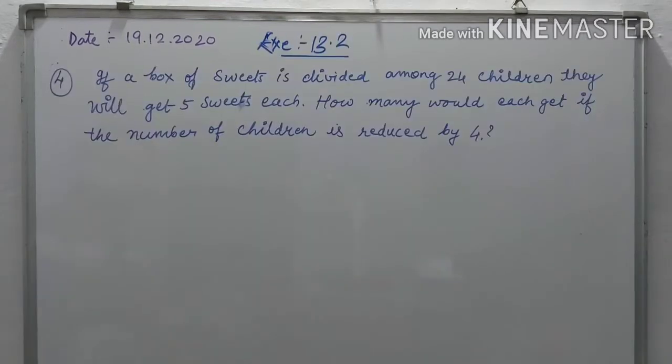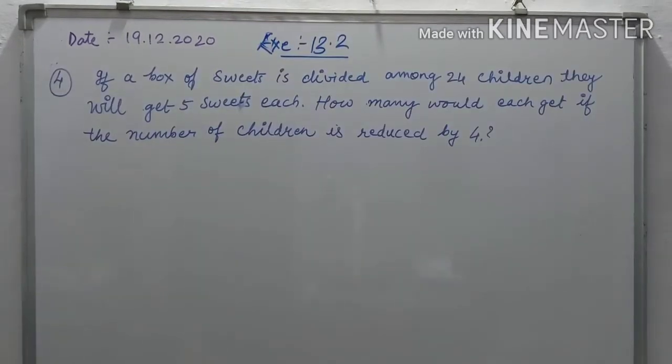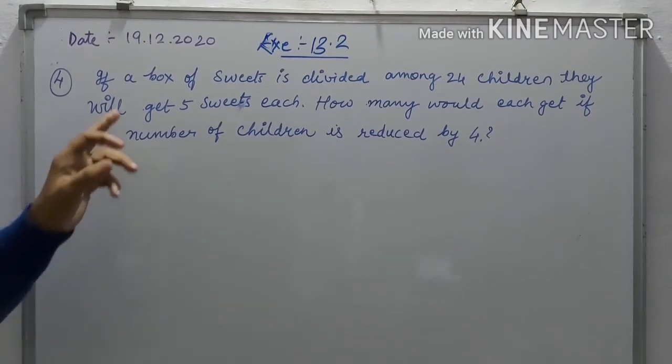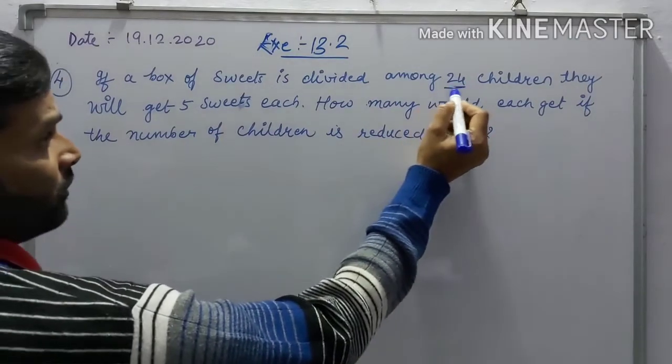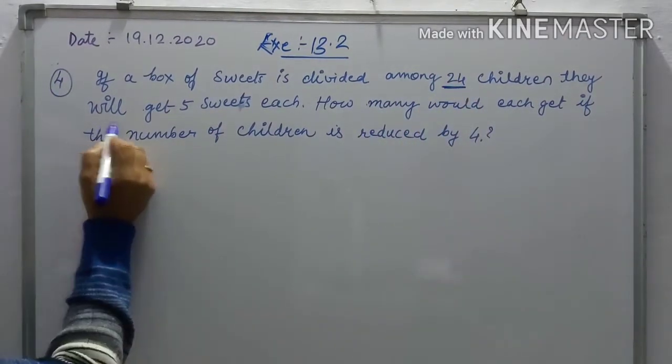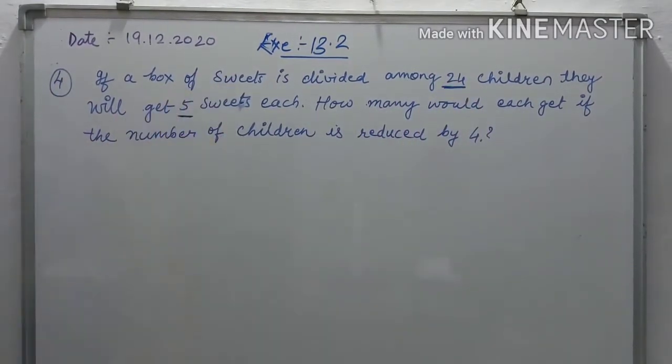In exercise 13.2, questions number 1 to 3 you solve in your book, and then from question number 4 to question number 11 they will come in the exam. Question number 4: a box of sweets is divided among 24 children, and each child gets 5 sweets.